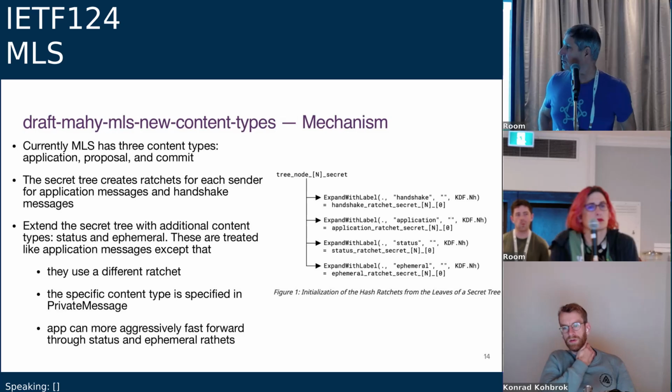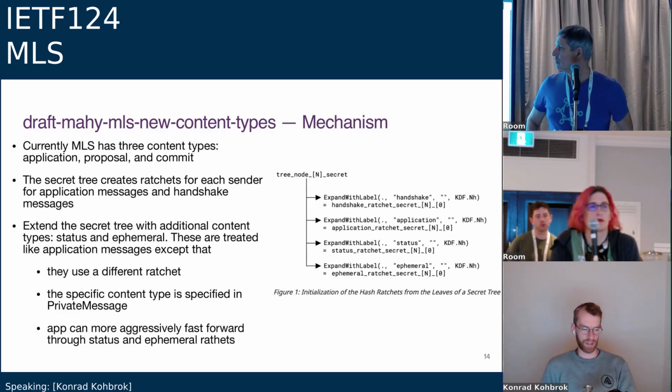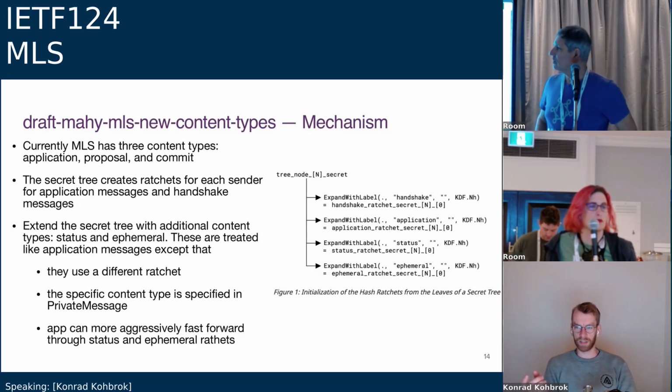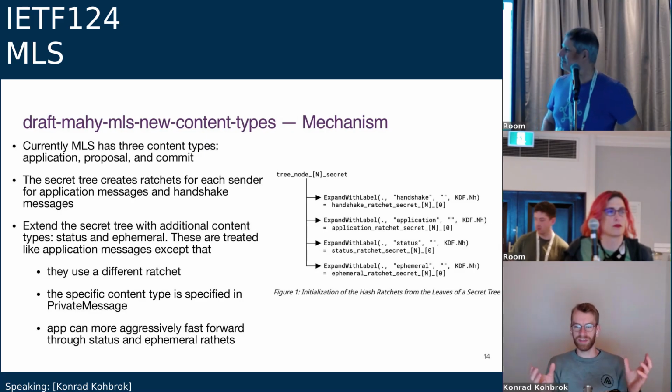So okay, just to maybe explain where I'm coming from. In the past, there's no concrete proposal right now, but in the past, I've thought about things where I thought, oh, there is something I'd like to send to the group, and then if you want it to be encrypted, or if you want it to have the authentication that you get with a public message, you have to essentially redefine a public message or a private message. And that's so annoying.